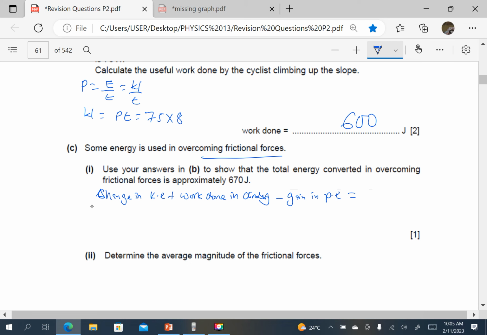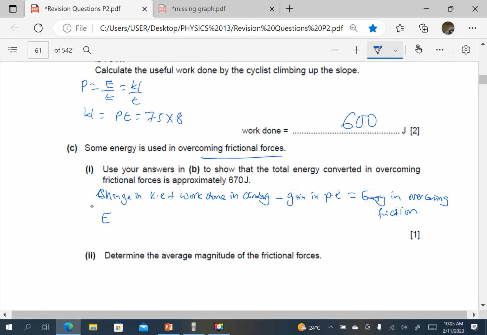So the change in kinetic energy plus work done in climbing minus the gravitational potential energy should be equal to the energy in overcoming friction.